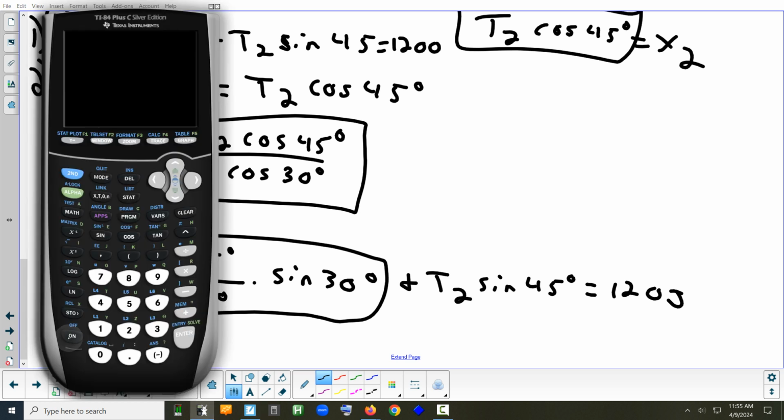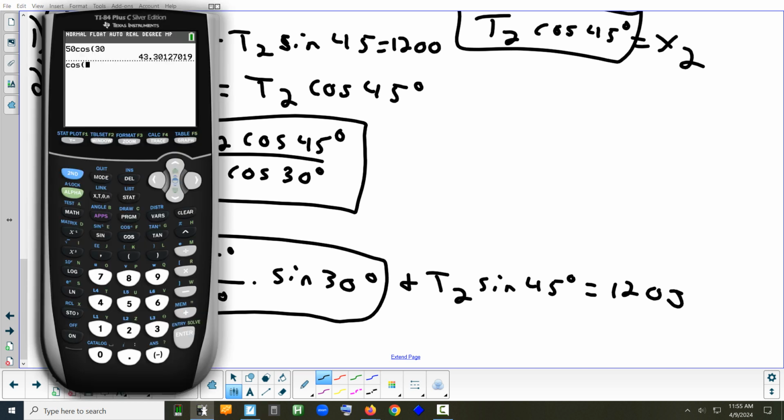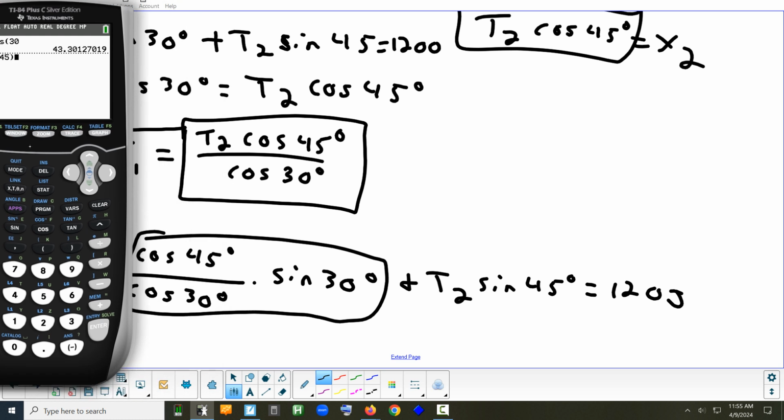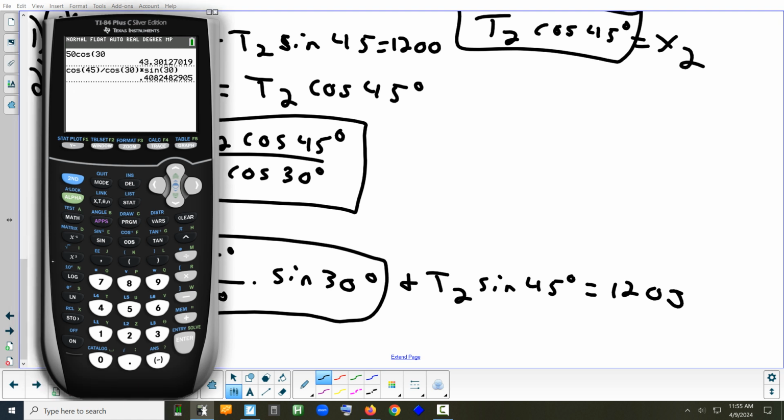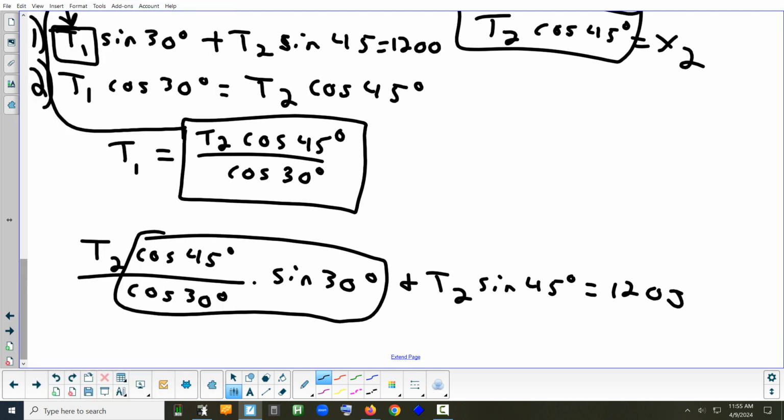So cosine 45 divided by cosine 30 times sine 30. So it's 0.408. Okay, 0.408 T2. Sine of 45.